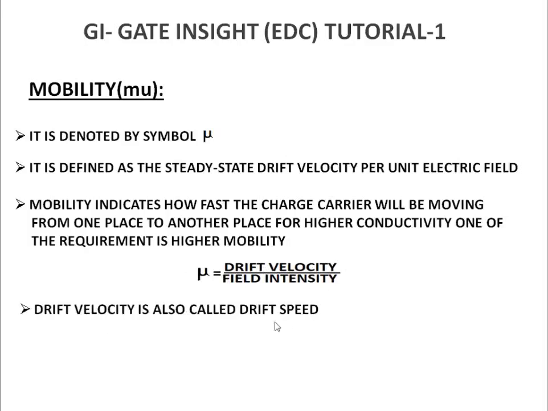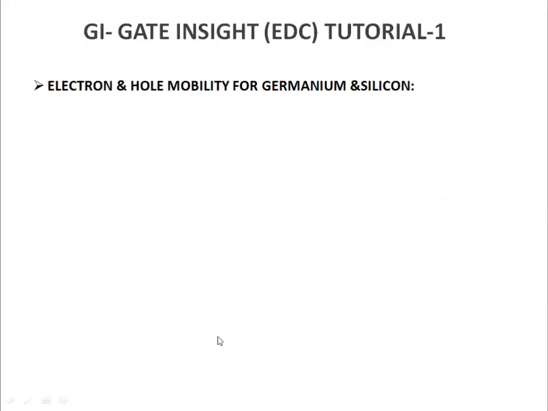So mu is equal to Vd divided by E, where Vd is the drift velocity and E is the field intensity. The unit for mobility mu is meter square per volt second or centimeter square per volt second. You can put the value of velocity as meter per second and electric field as volt per meter, and when you put that, you will get meter square per volt second.